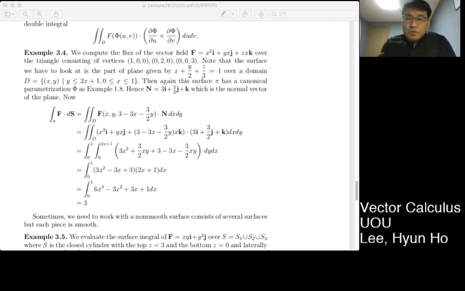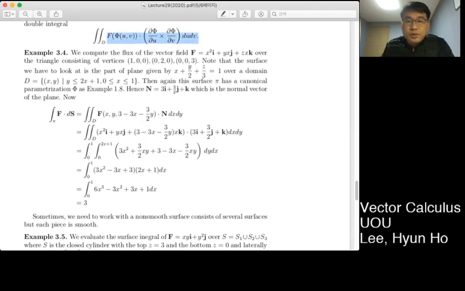So what we have to do first is define the parameterization of this triangle, right? Otherwise, we cannot do anything. If you remember this integral formula, we need to find the parameterization. But this triangle is actually part of a plane.